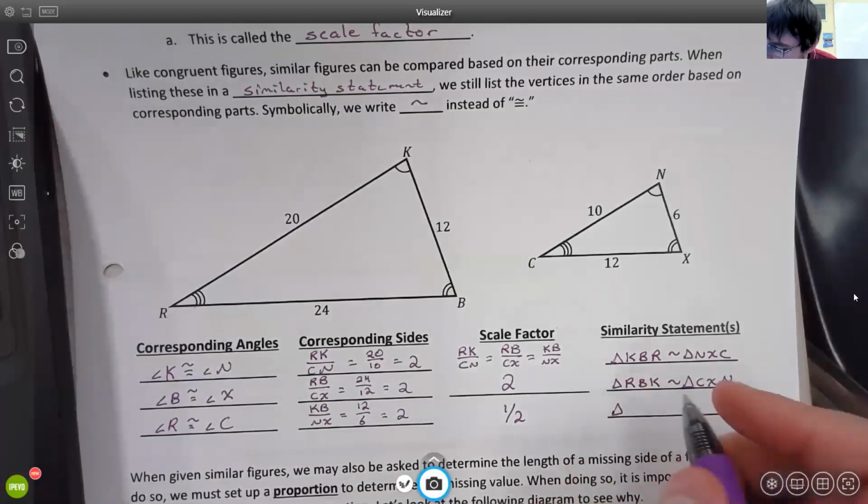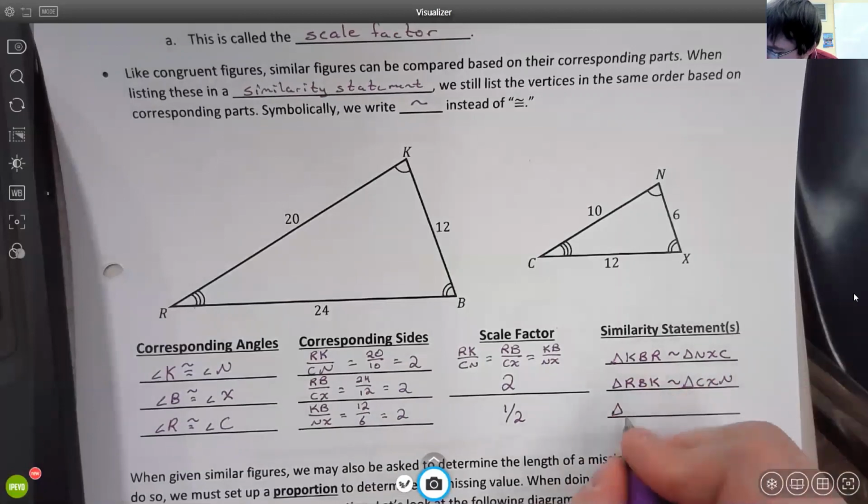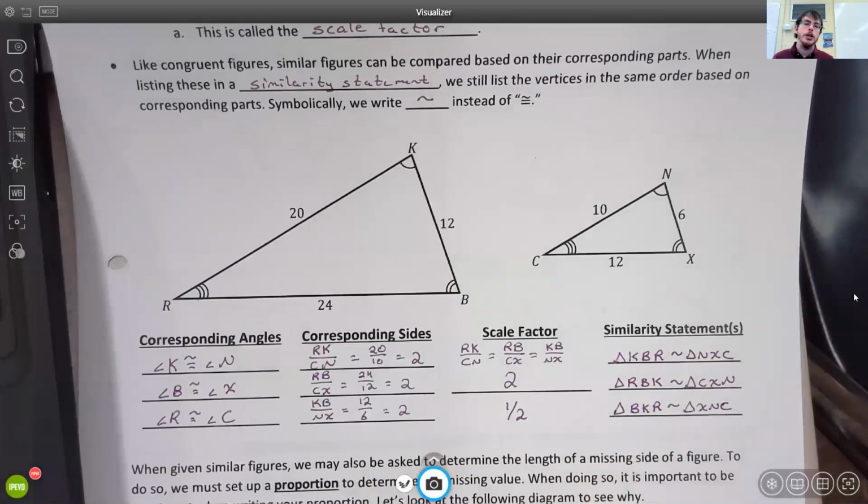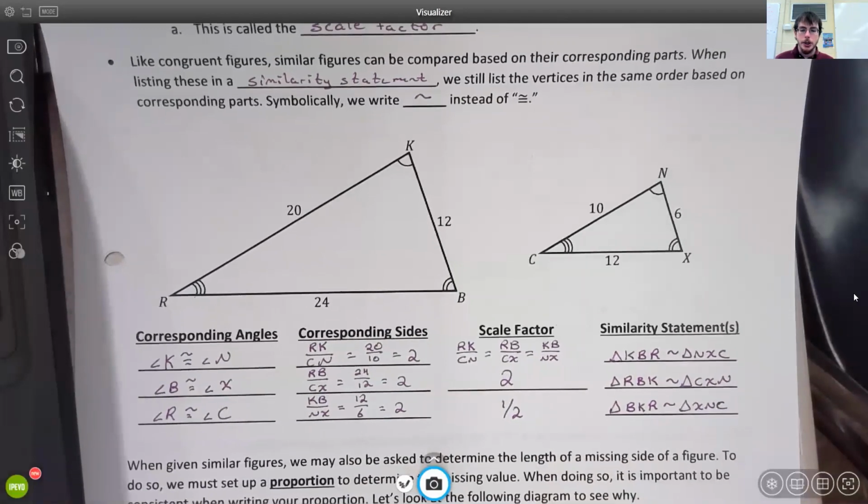We may write triangle BKR is similar to triangle XNC. So on and so forth. Just like congruent statements, there are 6 different ways to write these similarity statements, and they still have to be listed in the same order based on the corresponding parts.